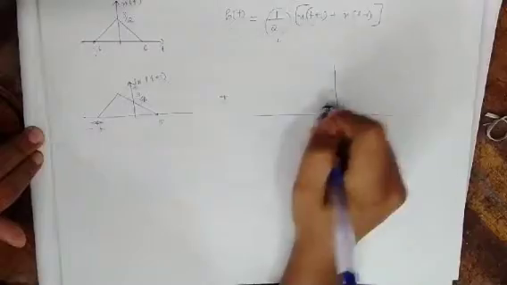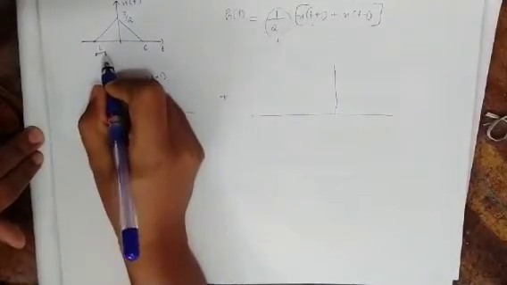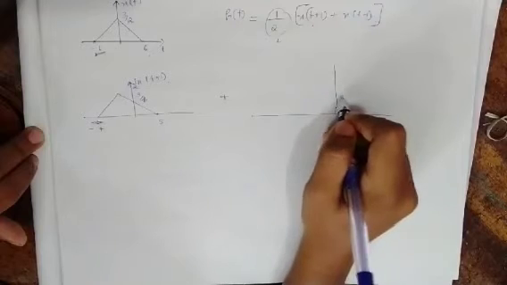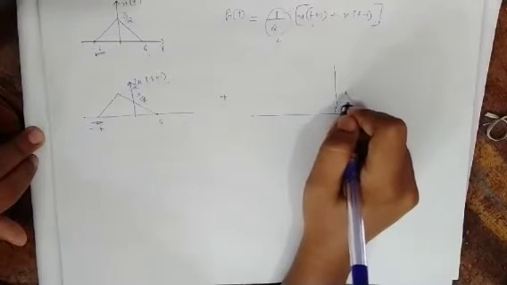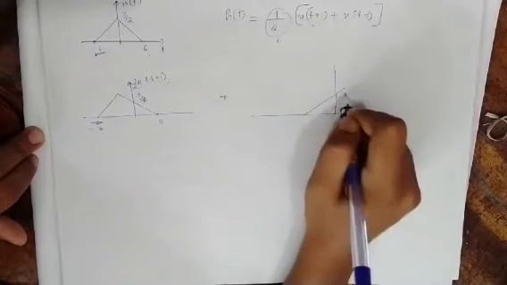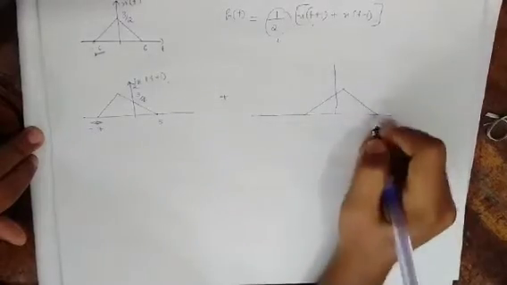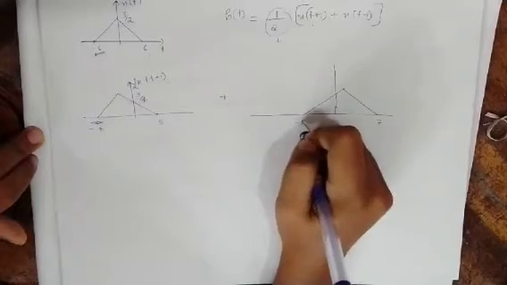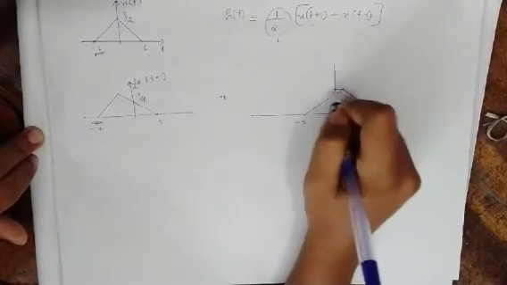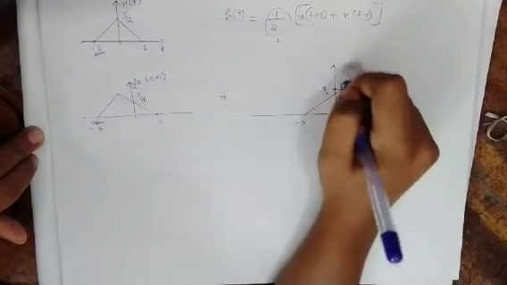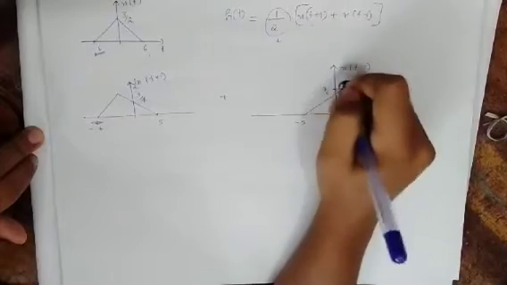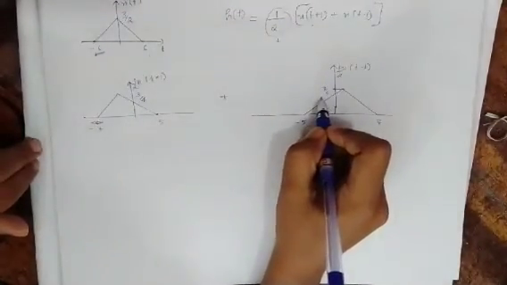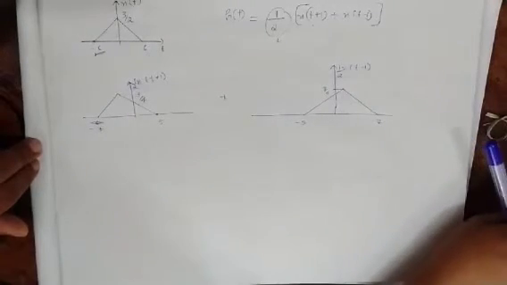Where this minus 6 is coming, it will be shifted to the right side, that is 6 plus 1, that is 7, and this will be minus 5, okay. Here also the amplitude will be equal to 3 by 4.